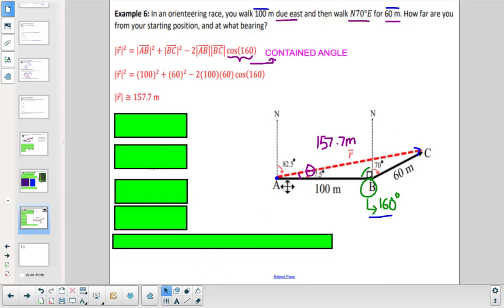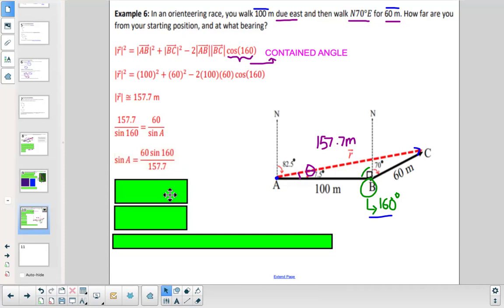Now I know all three side lengths and I'm solving for this missing angle, and I do know this contained angle, so I can use sine law, the ratio of sine B over b. I know the resultant and the angle that is opposite the resultant, so 157.7 over sine 160, and I'm going to set up a ratio of what I don't know: sine A over 60.